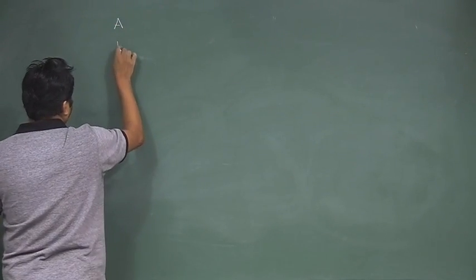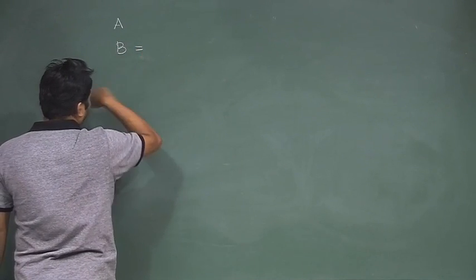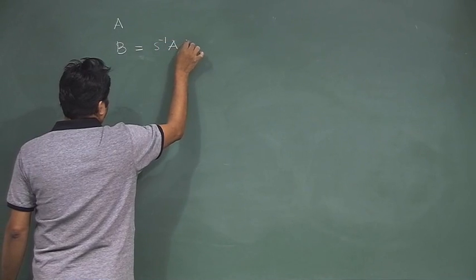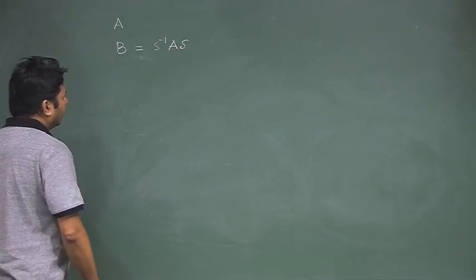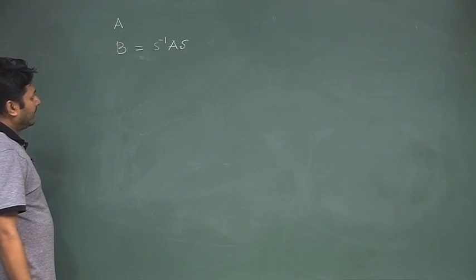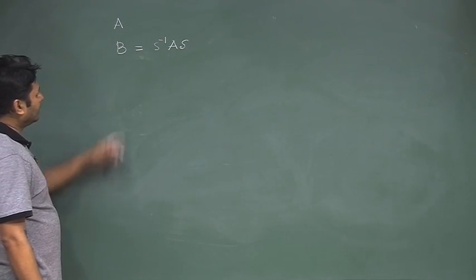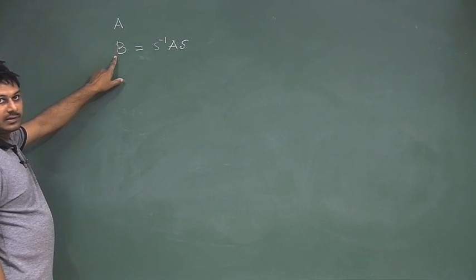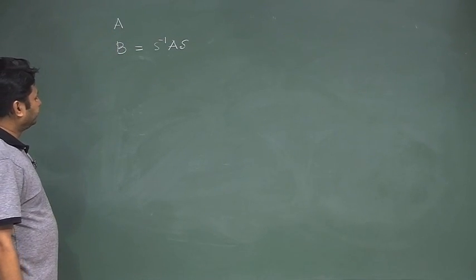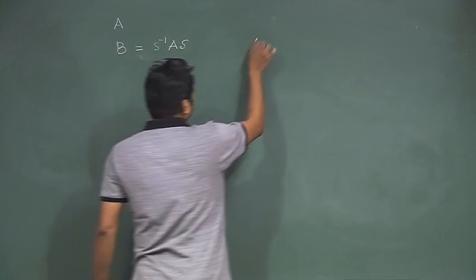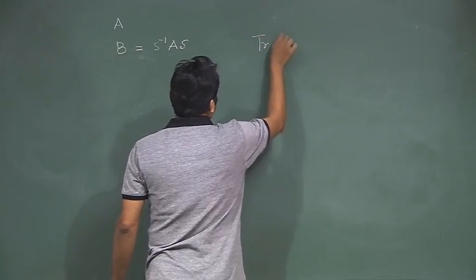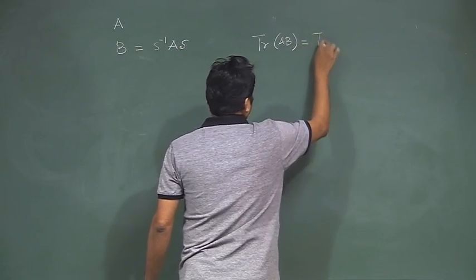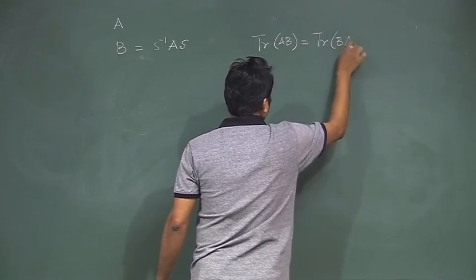So, A is a matrix given, and B is given by S inverse A S. Now, I need to find out what is the trace of these things. So, I know trace of AB is equal to trace of BA.